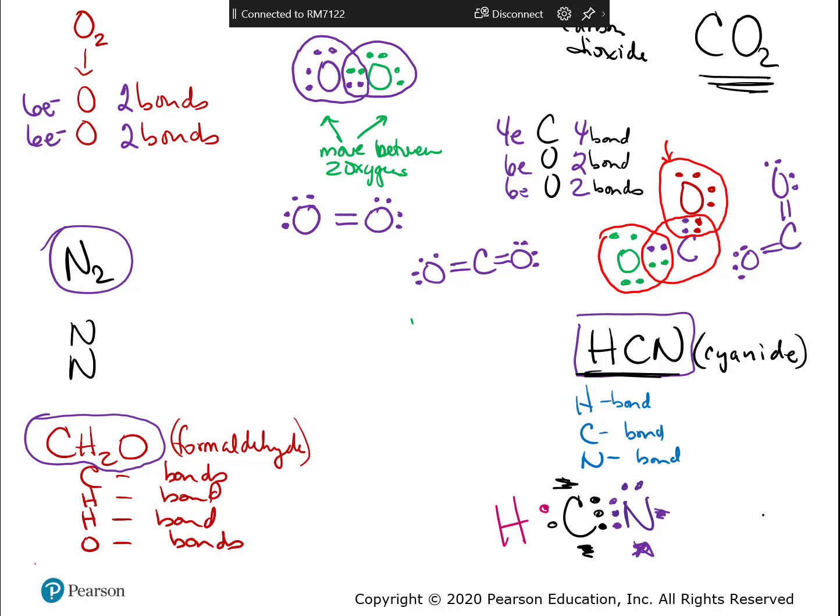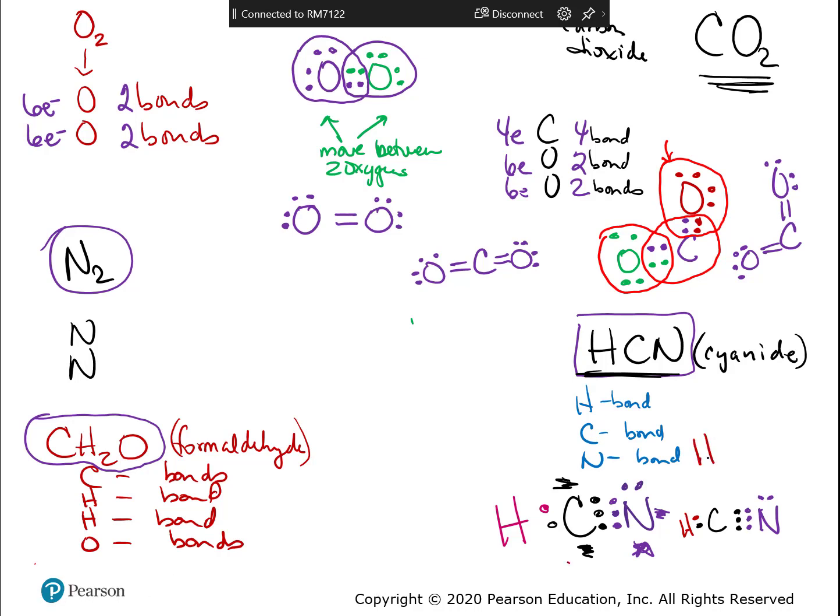So this leaves me with a nitrogen with three dots, two up here. There's its five, and it's connected to a carbon. The carbon has three of its electrons shared with the nitrogen, and the last electron is the one that is shared with the hydrogen. So when I have those three pairs of dots and transfer this to a Lewis structure, I would have a triple bond.